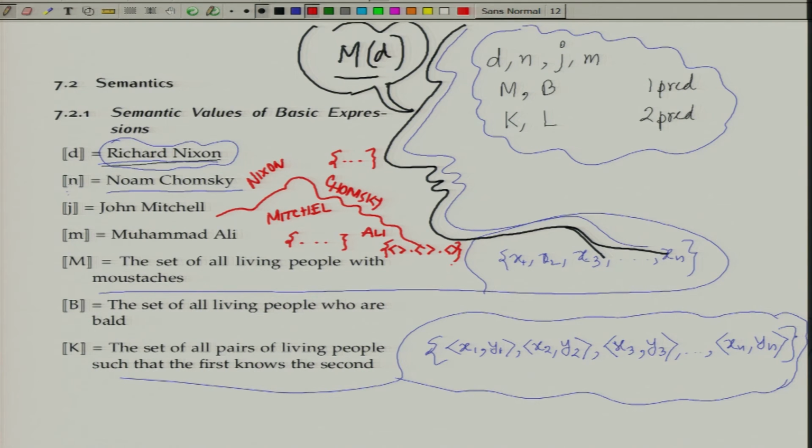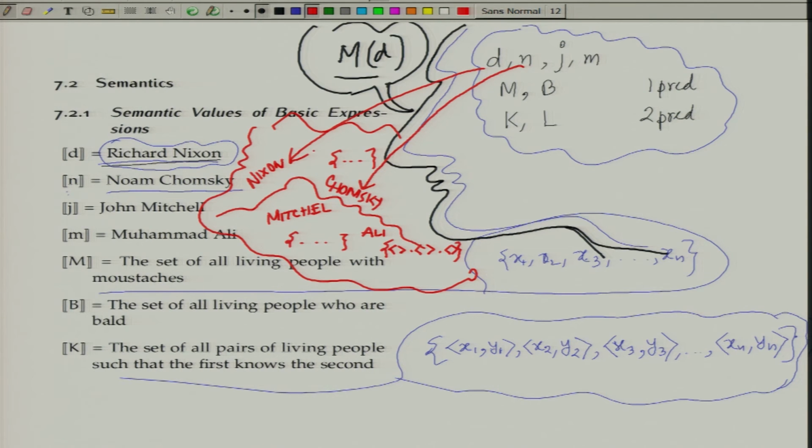Now, can you see that this red part is already our model part, corresponding to each and everything. So this is a linguistic unit D. Corresponding to that, we have this thing, it is an object, and then this is a linguistic entity N. Corresponding to that, you have this object.